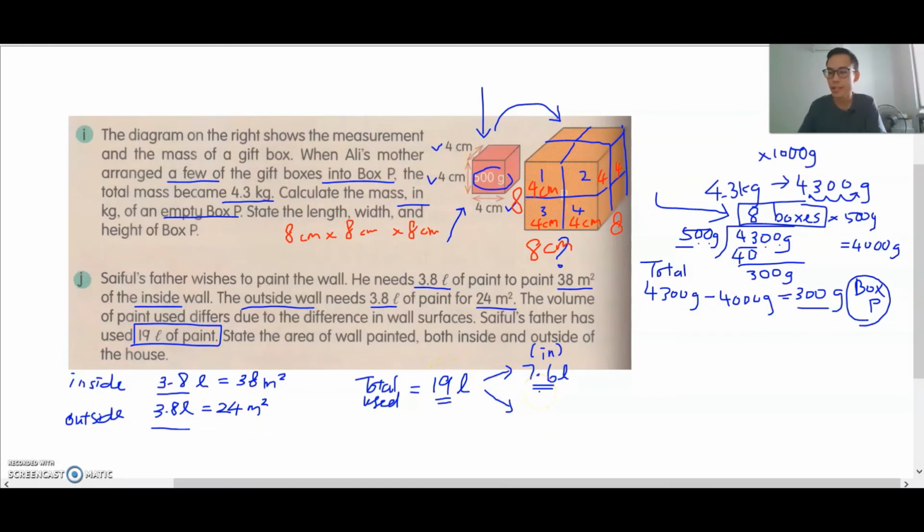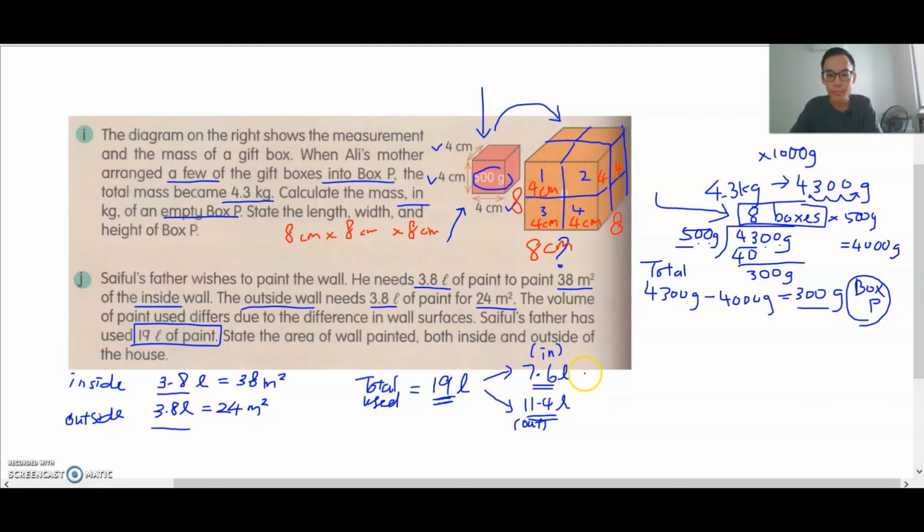So 19, you minus 7.6, we get 11.4. This is for outside. So this is my distribution. I use 7.6 liters for inside, 11.4 liters for outside. As long as the total, we get 19 liters.